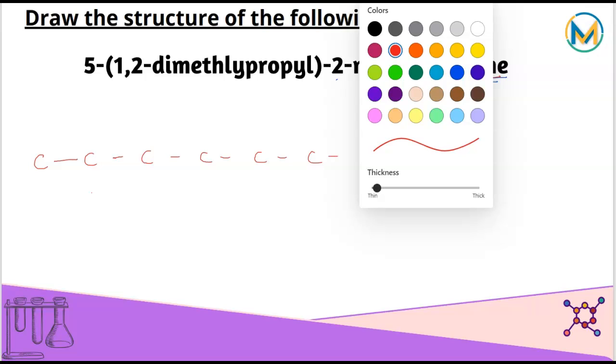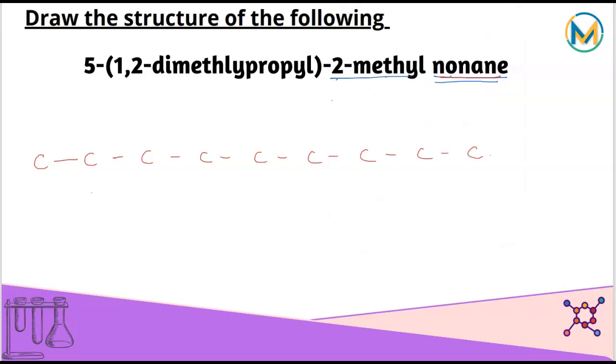Next, let's do the attachments. 2-methyl: the first attachment is on the second carbon. Then we have 5-(1,2-dimethylpropyl). On the fifth carbon, first we'll draw the propyl group, which is 3 carbons.